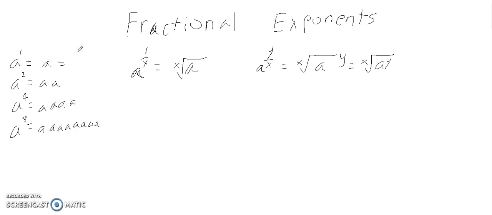Another way of writing it is the square root of a squared. A squared is actually an alternate way of writing the square root of a to the fourth. Hopefully you realize that, but if not, you can look at it this way: a squared times a squared, because this means 2 a's times 2 a's, and that's 4 a's.